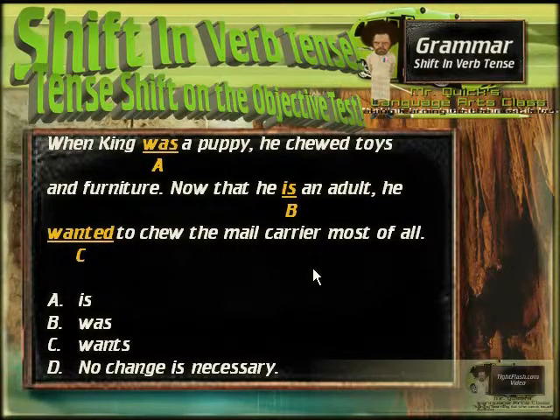When King was a puppy, he chewed toys and furniture. Now that he is an adult, okay, so if we stop there with that part of the sentence, we get a chronological time frame here. Of course, dogs go from puppies to adult dogs. That makes sense. So he would be an adult now because he was a puppy in the past. So let's continue on. He wanted to chew the mail carrier.